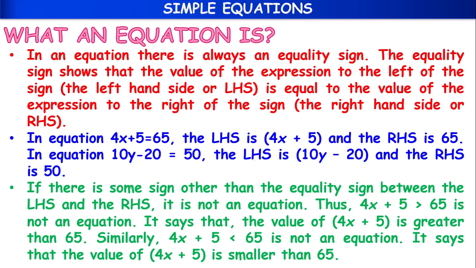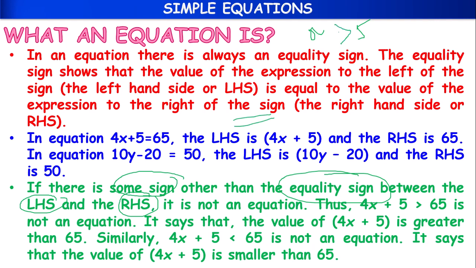Suppose there is some sign other than the equality sign between LHS and RHS. Suppose LHS is x and RHS is 5, and instead of the equality sign, there is some other sign like x greater than 5 or x less than 5.